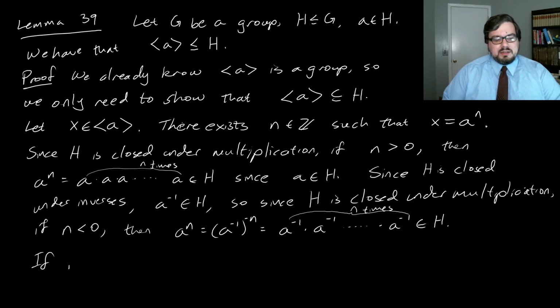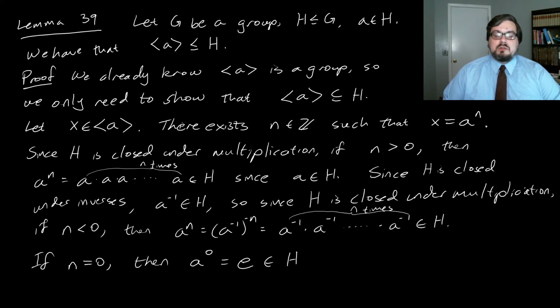So finally, if n equals 0, then A to the 0 is the identity. And we know from previous things we've done on subgroups that since H is a subgroup of G, then it has to contain the identity.